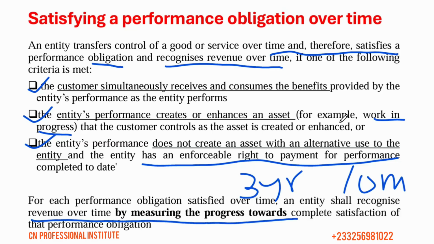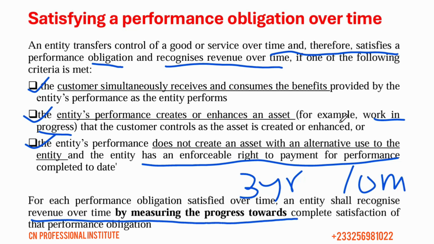Is it the very day you sign the contract, or do you have to wait for the 3 years? Do you have to wait for the building to be complete, to complete everything before you record the 10 million revenue? Or do you have to record revenue at the beginning of the contract? Immediately you start the contract, do you have to record revenue? Can I say no? We don't have to record revenue, or we don't have to record the total amount.